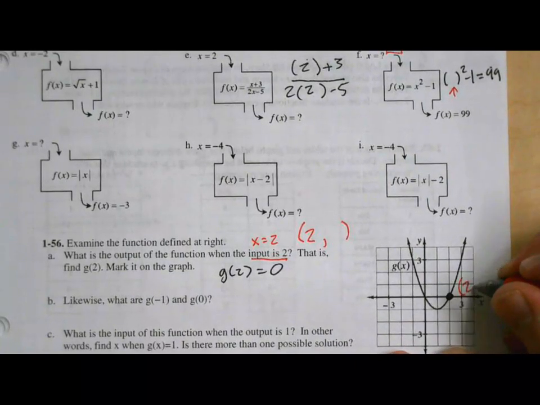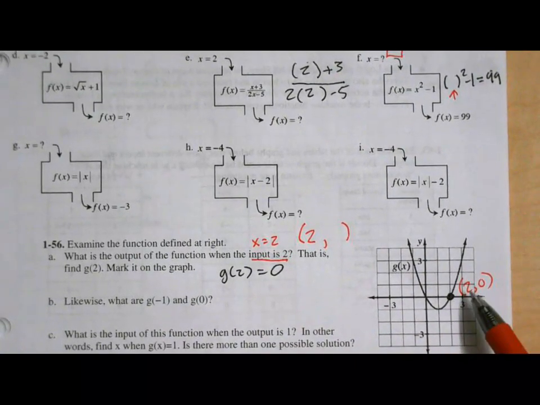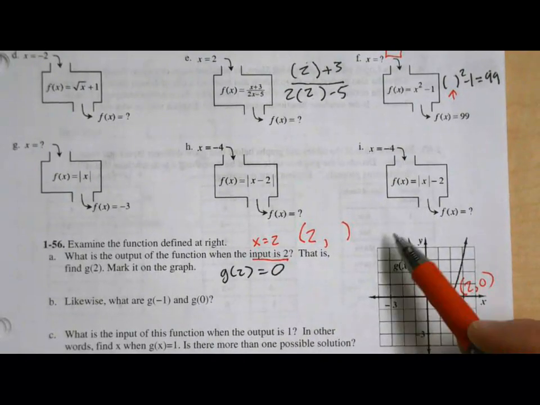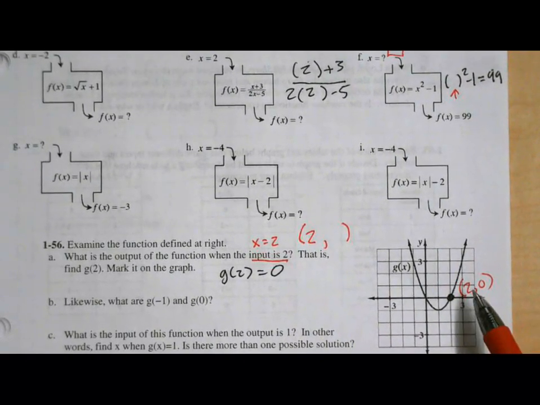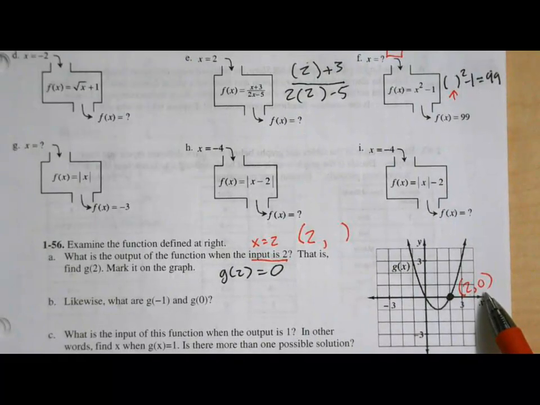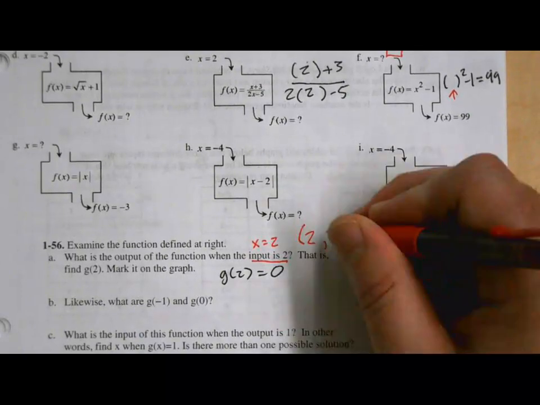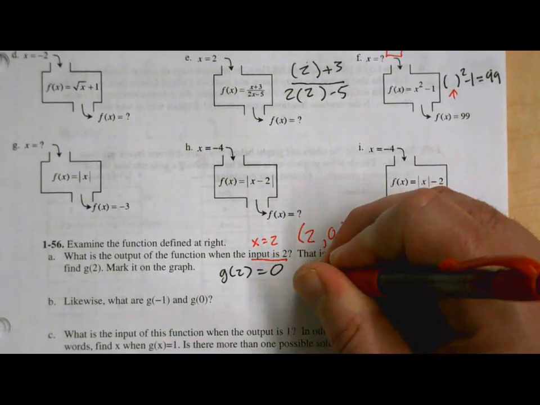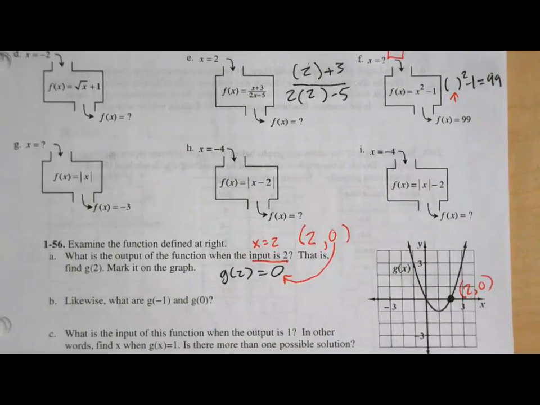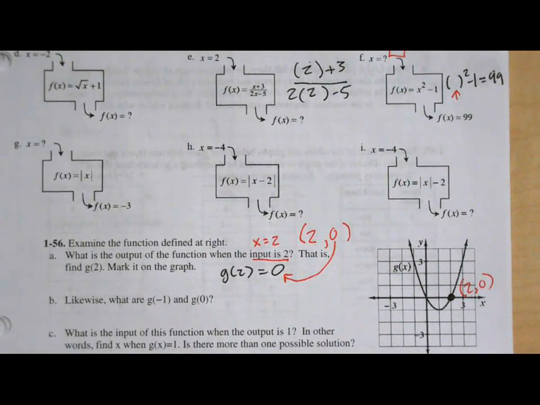Coordinates here are 2 comma 0. I highlighted this point because it's the only point on this graph, the only point on that parabola that is 2 comma something. That something is 0. And the fact that that something is 0 tells me that g of 2 is 0.